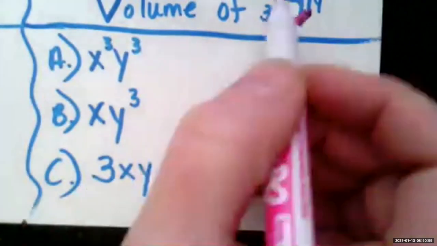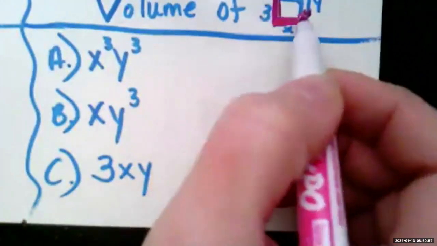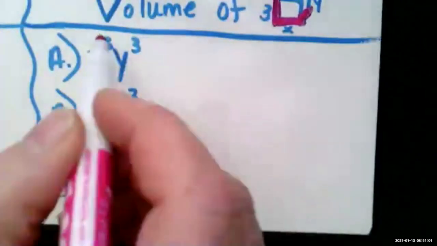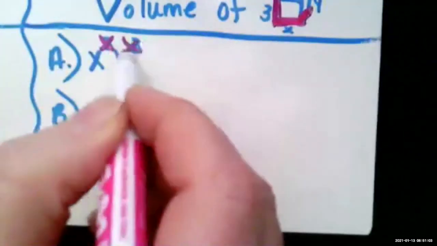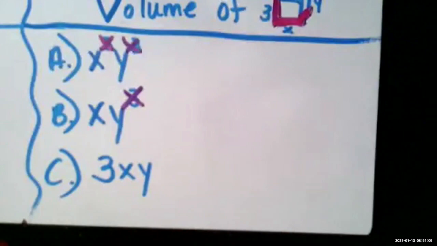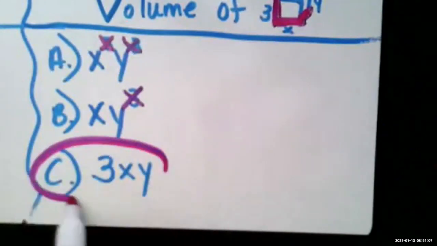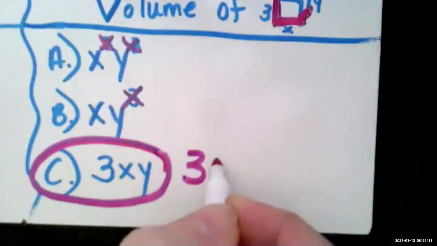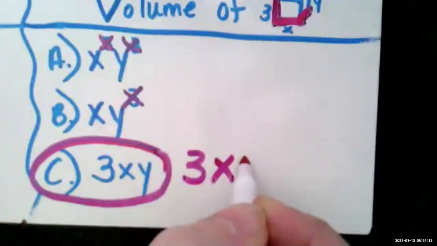then side times side times side would be 3 times x times y. And the only one that represents that, we're not multiplying anything by itself, so there's no exponents here. You want 3 times x times y, right here. You're just taking that side times the side times the side.